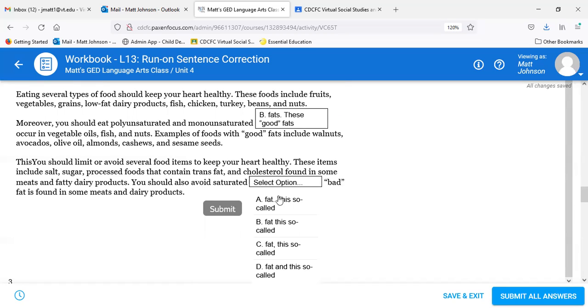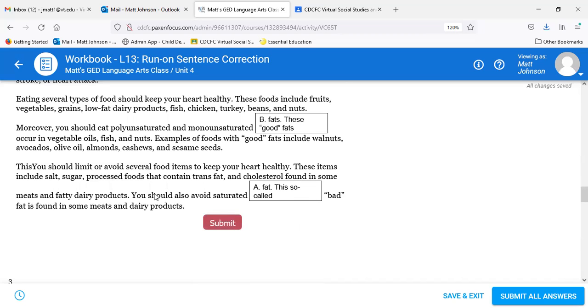So here, the choices have very solid incorrect choices and one that's absolutely correct. You should also avoid saturated fat, period, a complete idea. This so-called bad fat is found in some meats and dairy products.